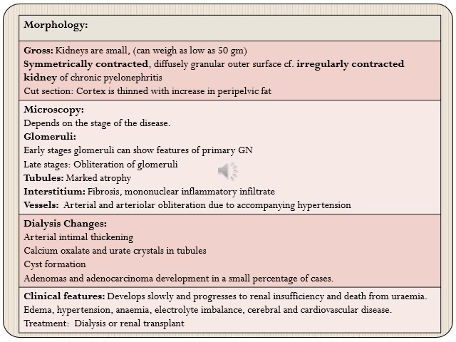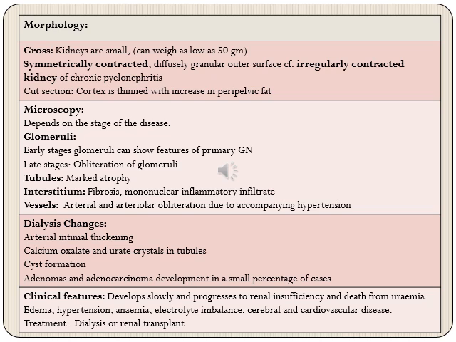So as you can see, although the primary site of affliction was in the glomeruli, because everything is interdependent, ultimately glomeruli, tubules, interstitium as well as the vessels, they all will show changes in chronic glomerulonephritis.